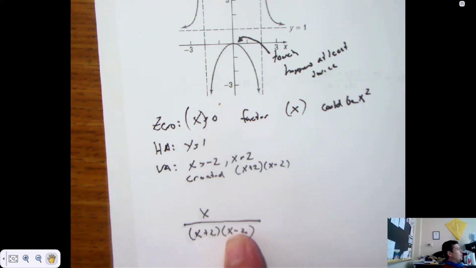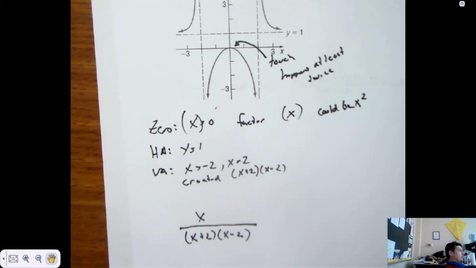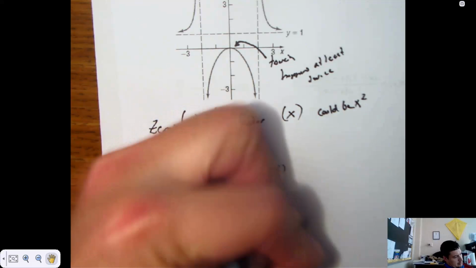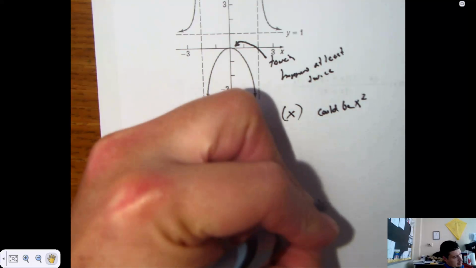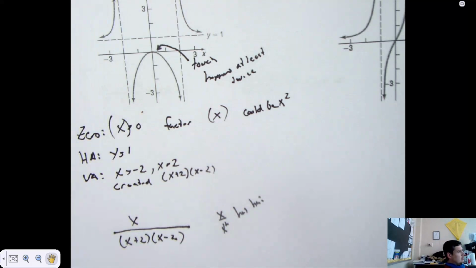That does not have a horizontal asymptote at y equals 1. X over x squared has a horizontal asymptote at what? I'm trying to get to somewhere. I'm trying to tell you need more up top. What you have written is x over x squared if you just ignore the numbers. Do you get that? Where is its horizontal asymptote?